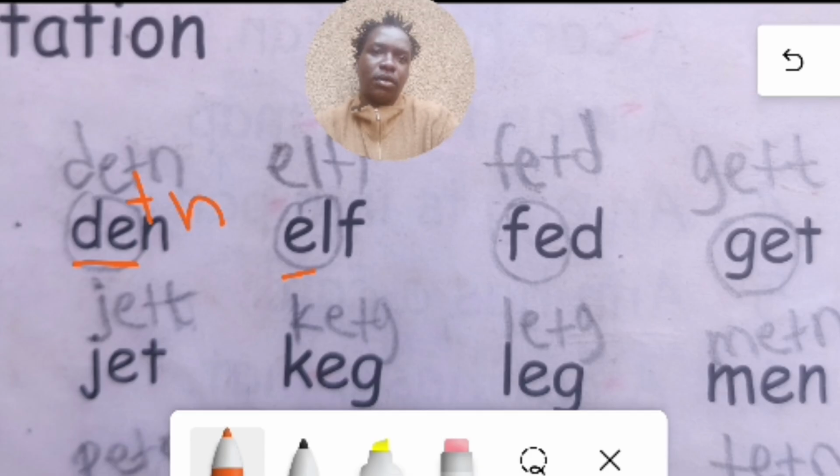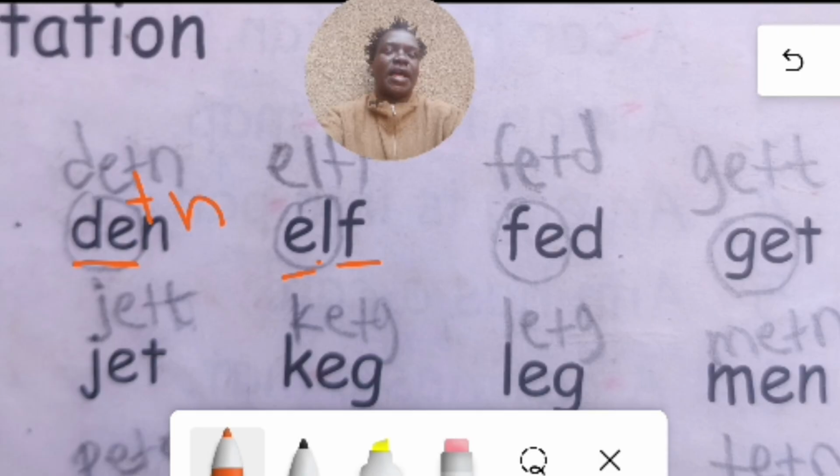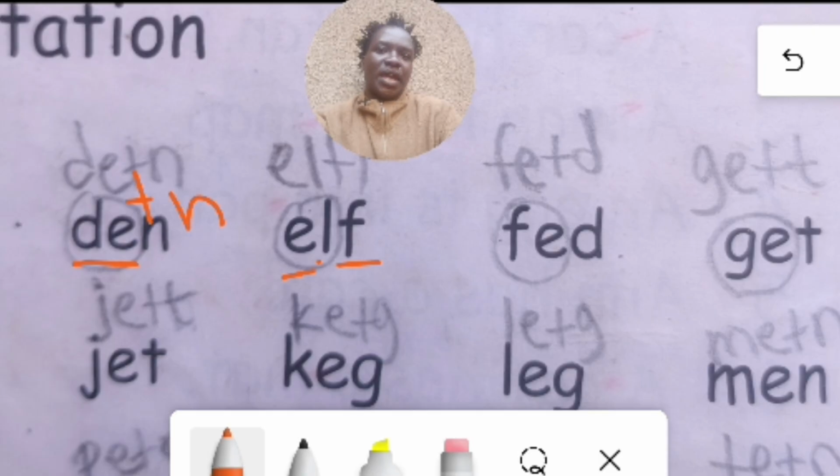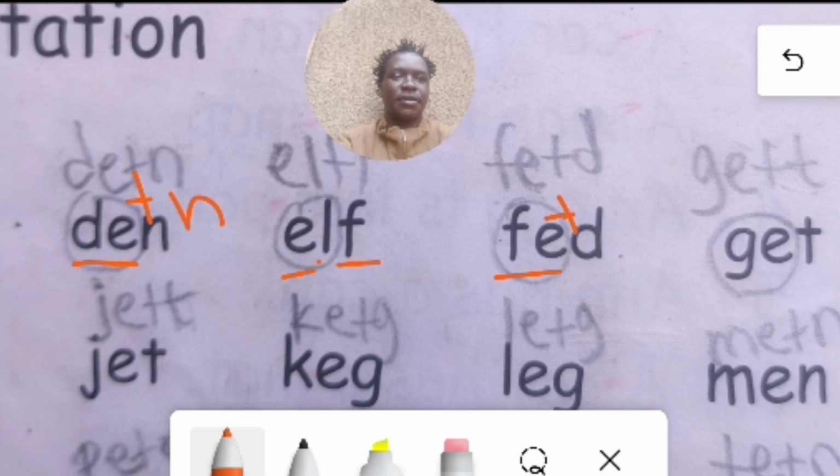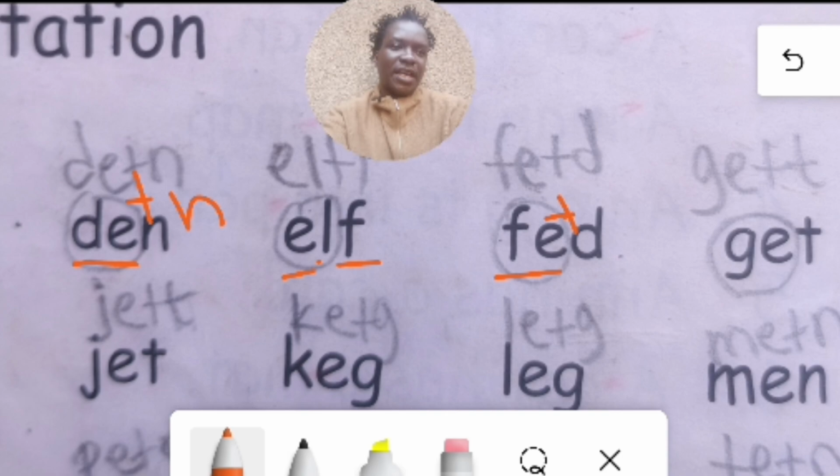A with L, it is L. With F, it is elf. And then F plus A, okay? F, A is fe, plus D, it is fed.